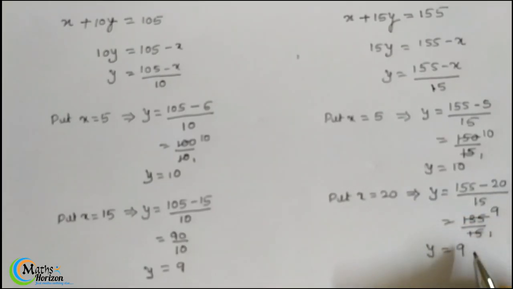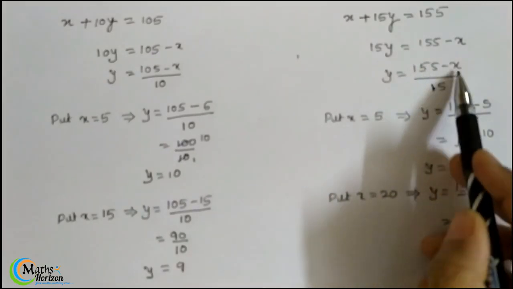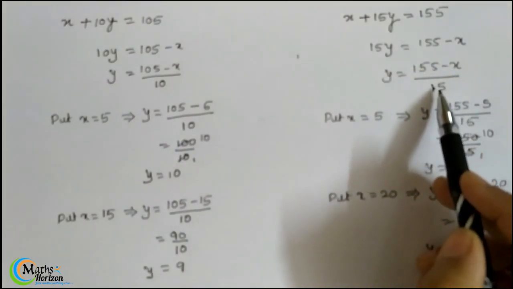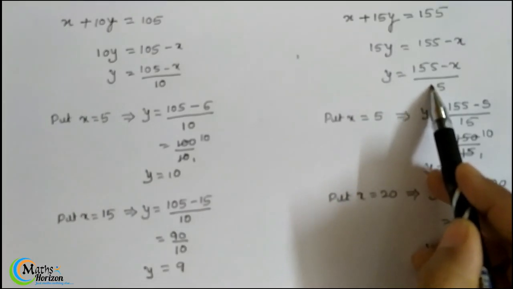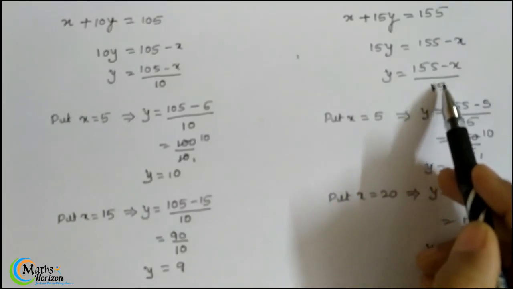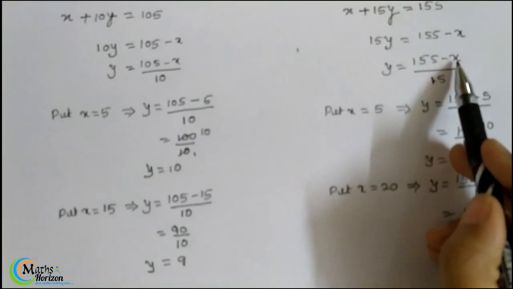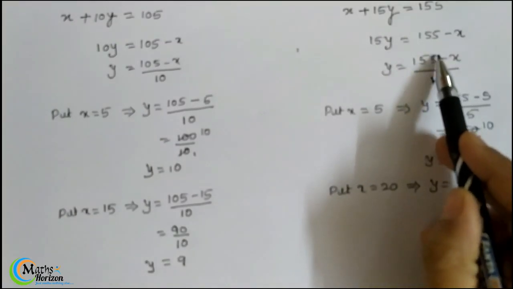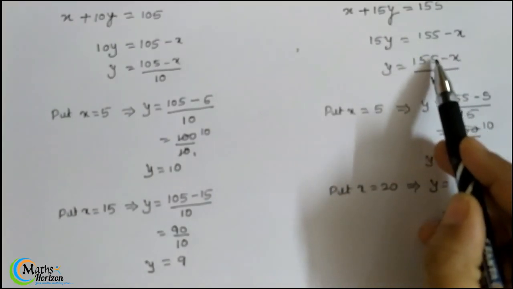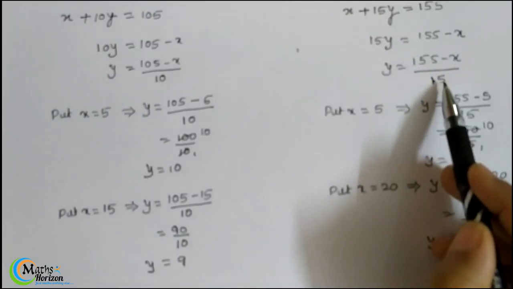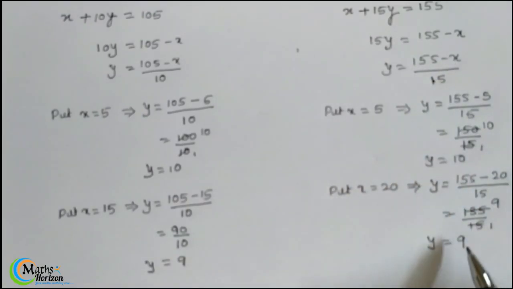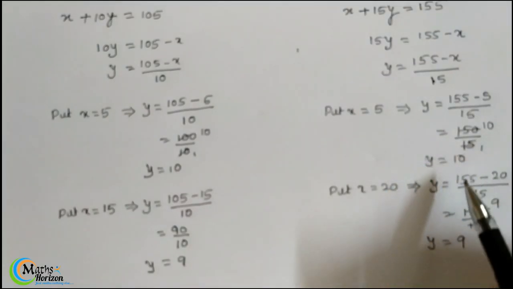So the y value is 9. See here, whenever we get these kinds of expressions for y, we always have to concentrate on the denominator and choose the value of x so that after the simplification the value that appears in the numerator is a multiple of the denominator. Then it will be very easy for us to get a whole number as a result.